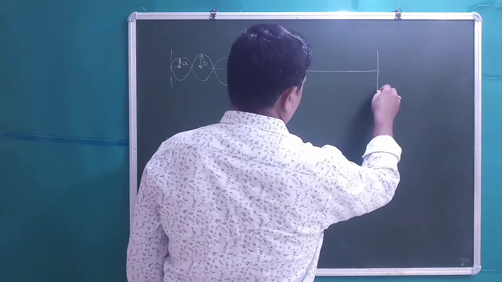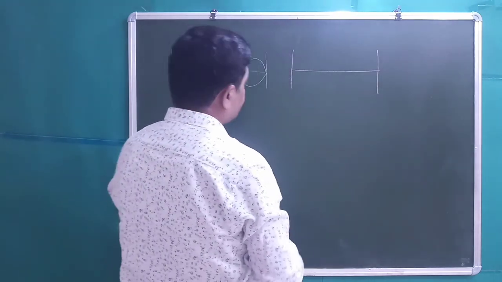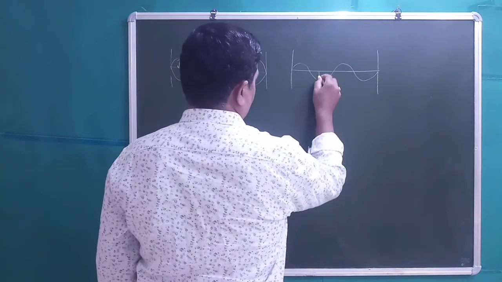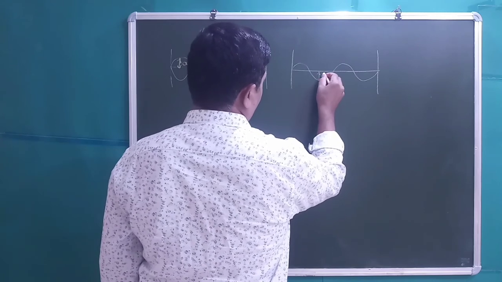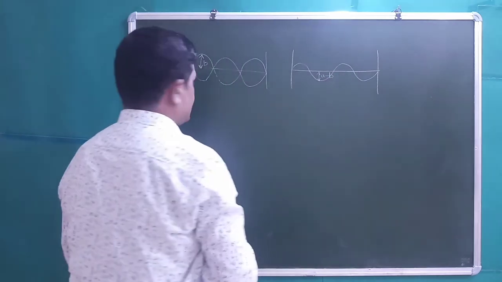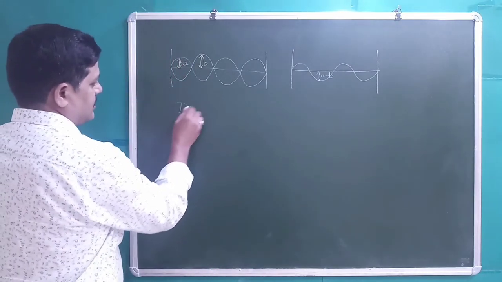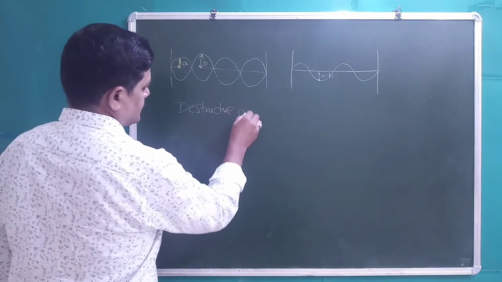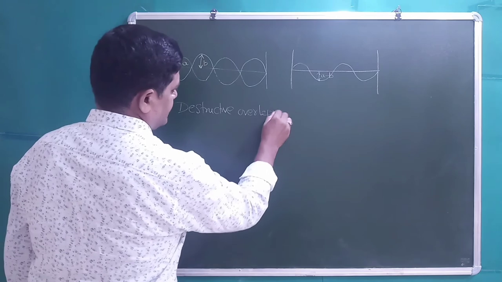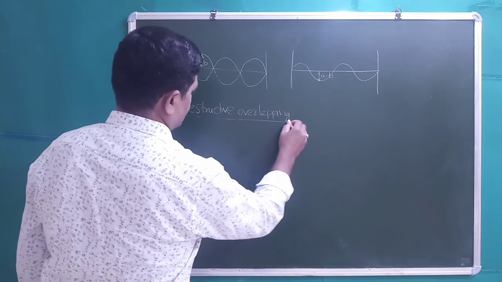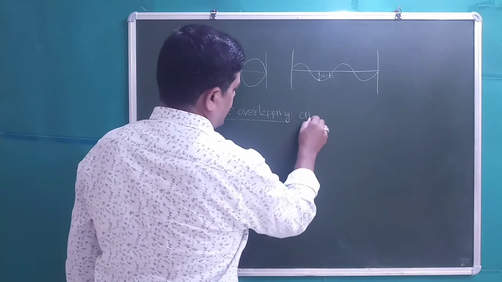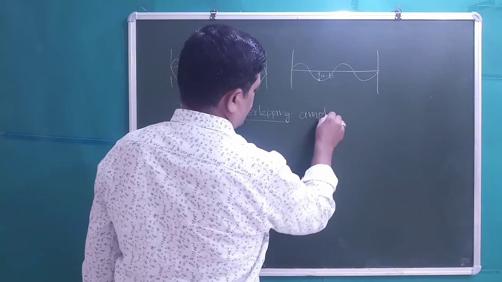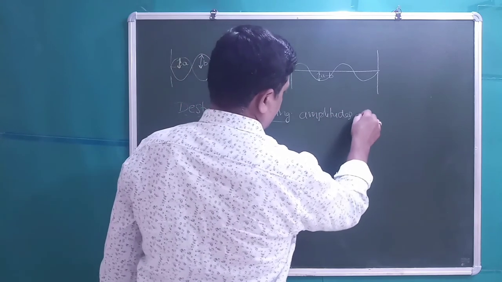The resultant wave amplitudes are subtracted. The amplitude of the resultant wave is A minus B. This is called destructive overlapping. Amplitudes are subtracted.